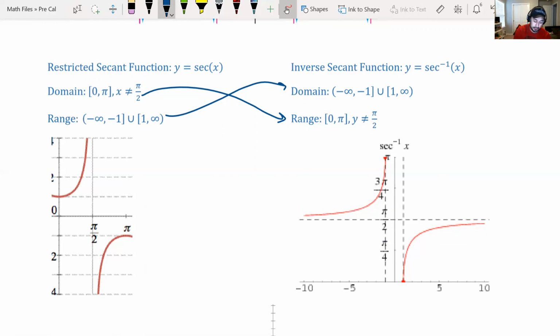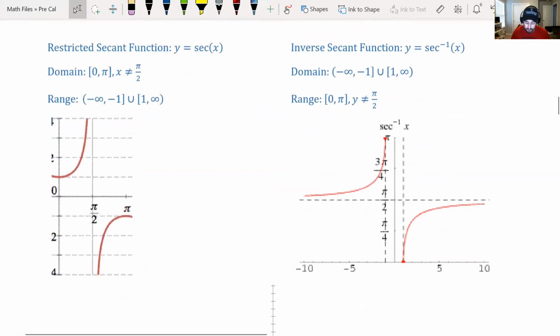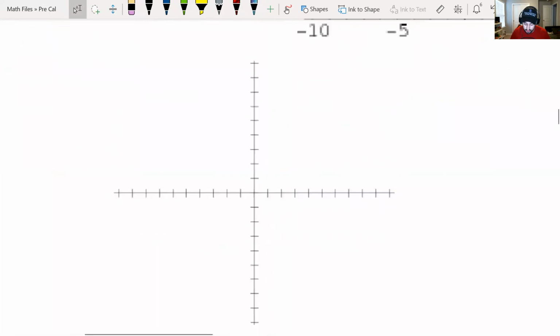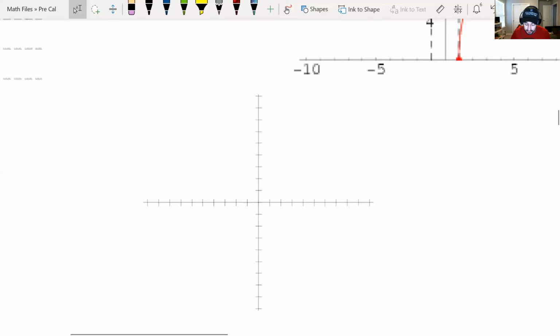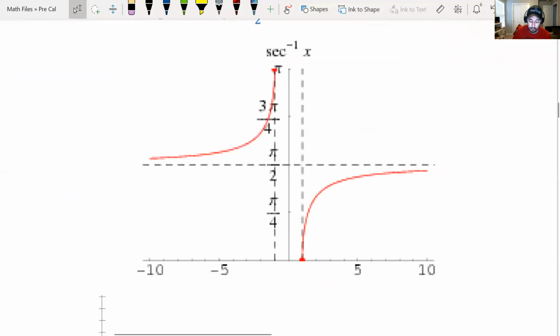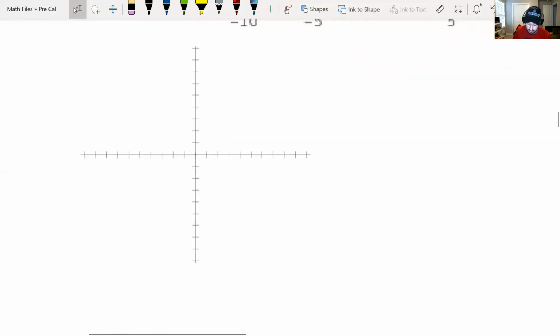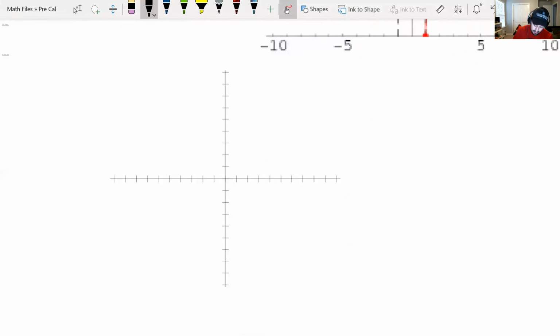Okay, perfect. Now, down here, this is the most important part, because this is what we want to reference when dealing with our inverse trig functions. So we are going to show where the inverse secant lives on the unit circle. And our restrictions, we said, were from 0 to pi, where pi over 2 is not included. So here's 0.